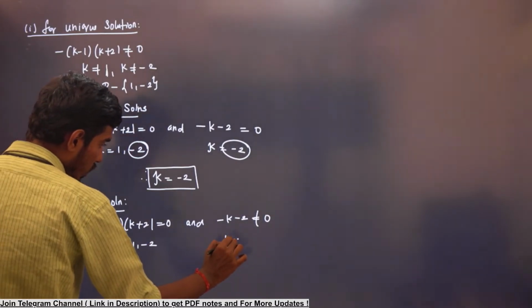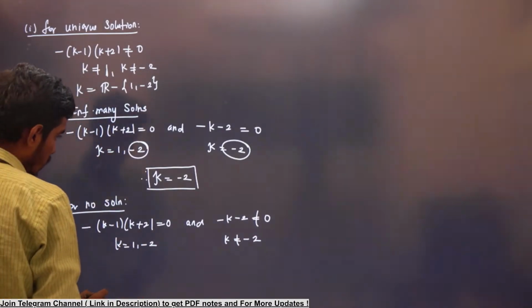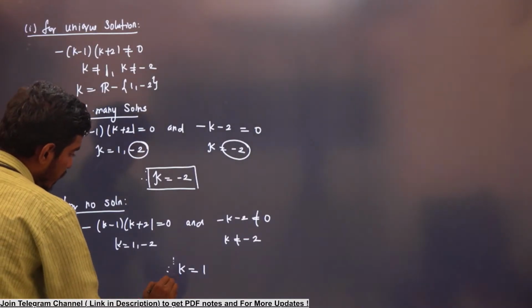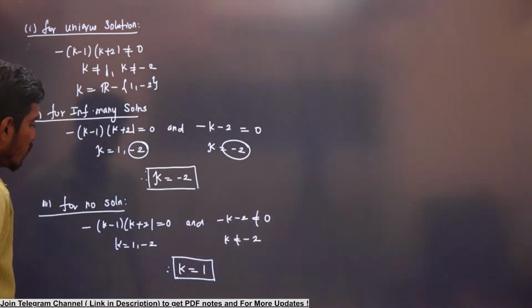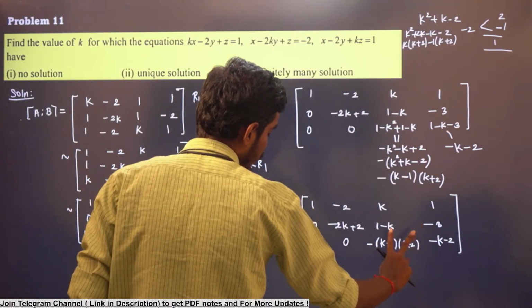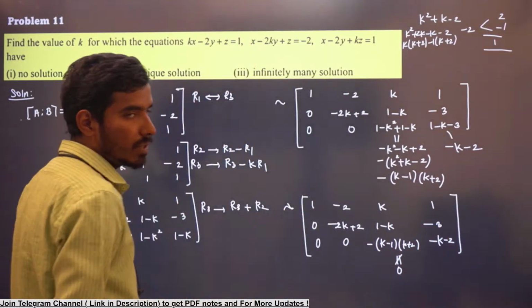But your k should not be equal to minus 2. That means k has to be equal to 1, because k equal to 1 is common for both. When k is 1, this will be 0, this will be non-zero. That means your rank of A will be 2 and that will be non-zero. So rank of A comma B will be 3.